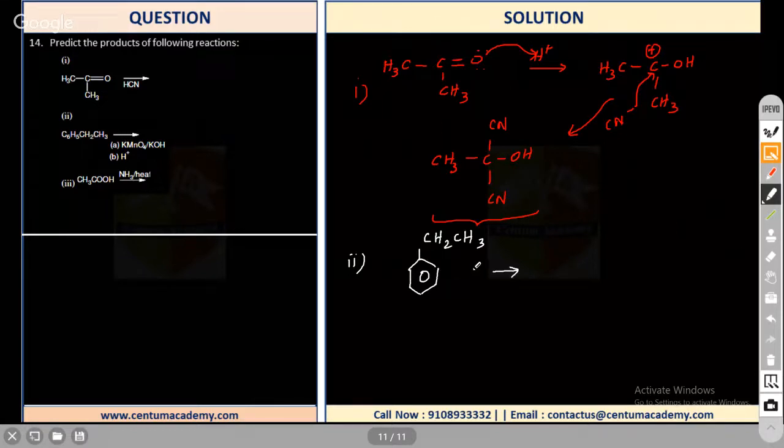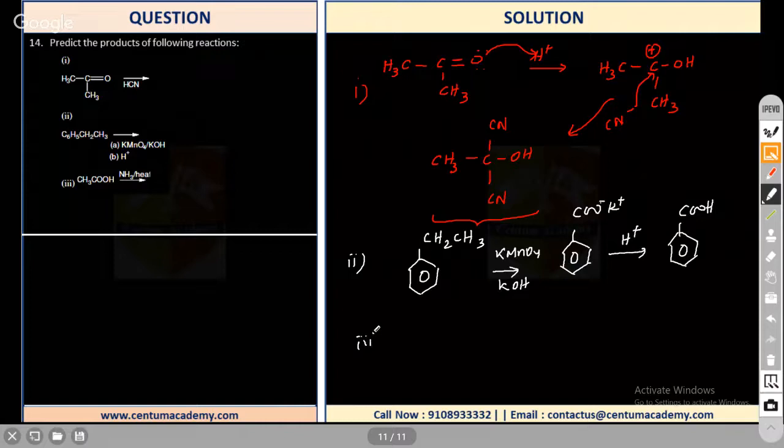First of all, with KMnO4 and KOH, it forms the salt of potassium, COO minus K plus, which on reaction with H plus gives you benzoic acid, COOH.